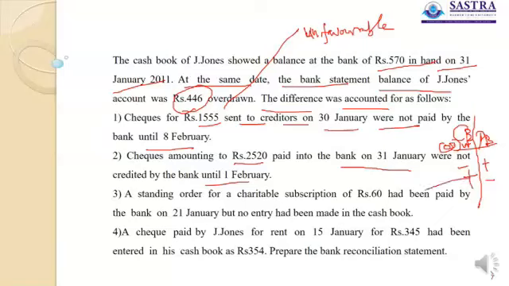Then come to the next: a standing order for a charitable subscription of 60 had been paid by the bank on 21st January, but no entry had been made in the cash book. See, this is a standing order given by the person running this trade, Mr. Jones, to the charitable organization. The subscription of rupees 60 is to be paid by the bank on 21st January every year.